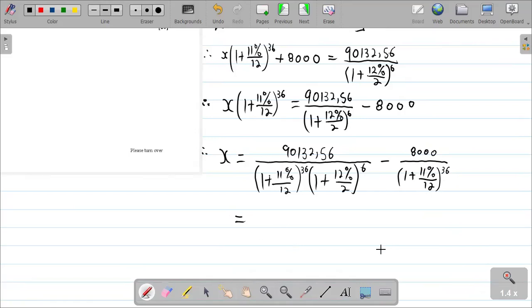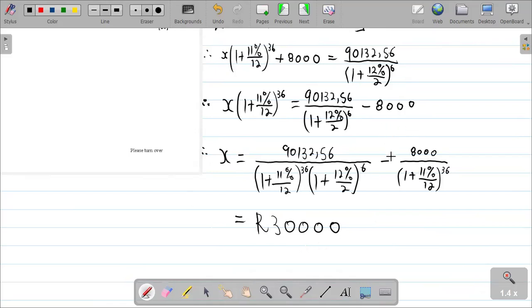So you use your calculator here, okay? You plug all this into a calculator, then it gives you 30,000. Yes. So 30,000 was initially invested there.